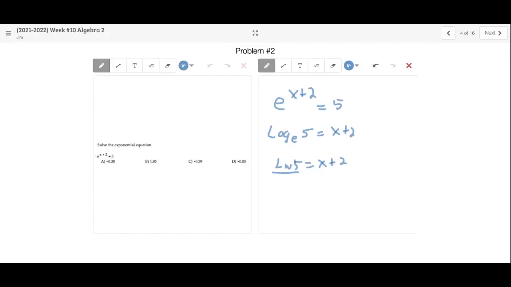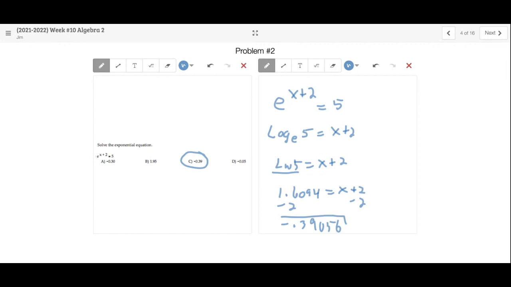So natural log of 5 is equal to, I come up with 1.6094 is equal to x plus 2. So now I'm going to subtract 2 from both sides. Minus 2, I end up with negative 0.39056. So I'm going to go with letter C. Anytime you get log base e, I would keep it to 4 decimals.